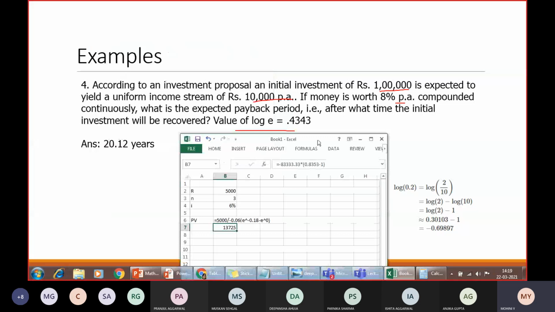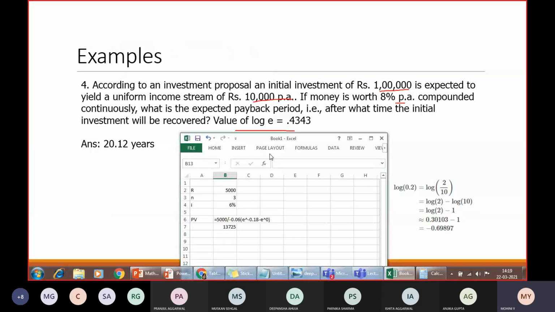So we have been given the present value, which is 1 lakh. Then we have been given the annuity, that is 10,000. Rate of interest is given as 8%. Okay, and we have to calculate n.